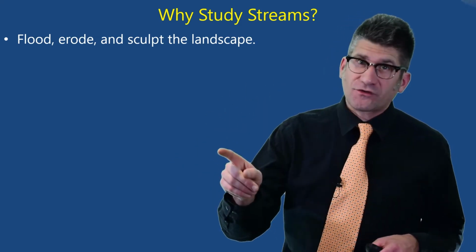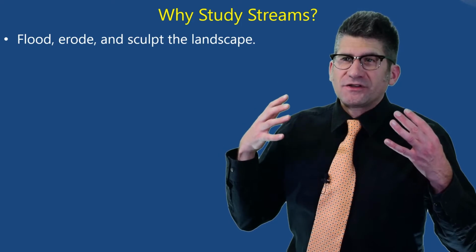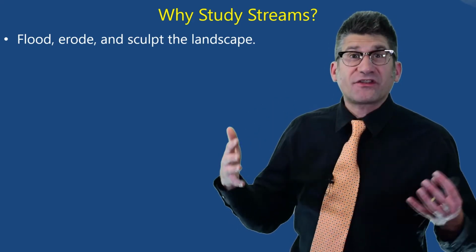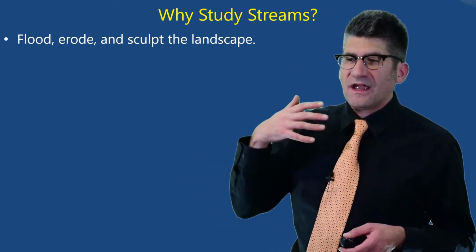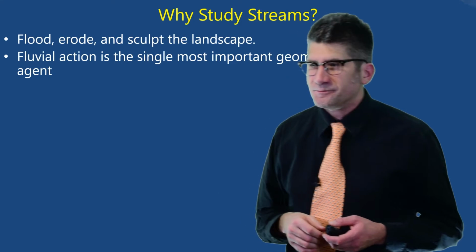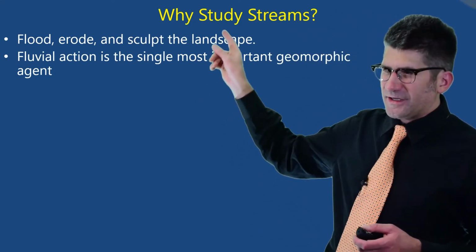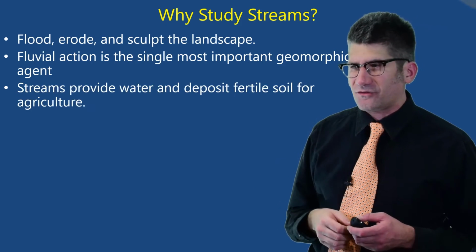Well, rivers are probably the most dominant process shaping the terrestrial landscape. So rivers are very important. They flood, they erode, and they sculpt the landscapes we see around us. So right here, single most important geomorphic agent when we look at the terrestrial landscape.